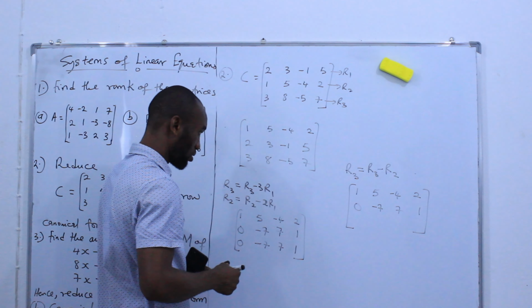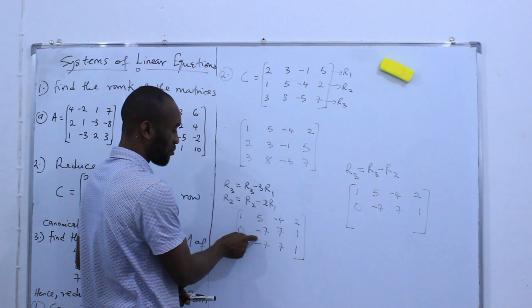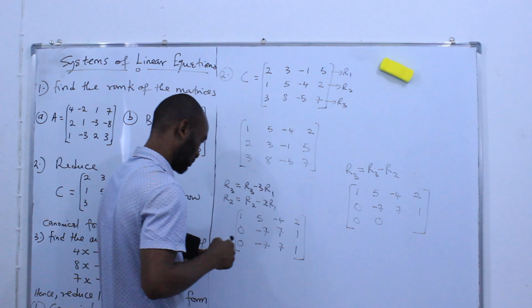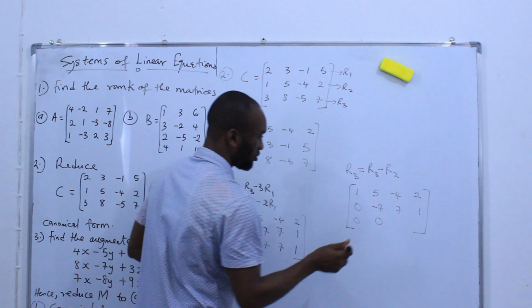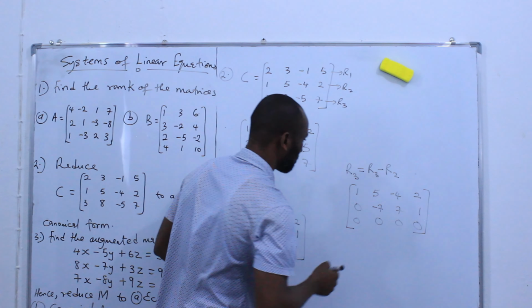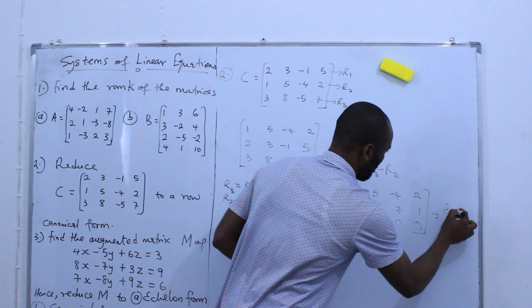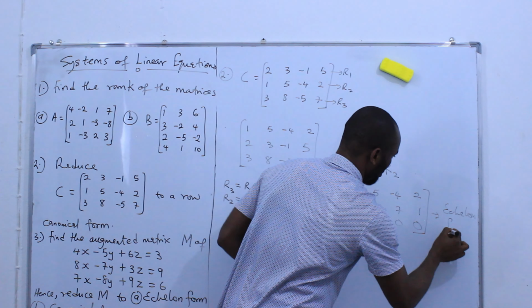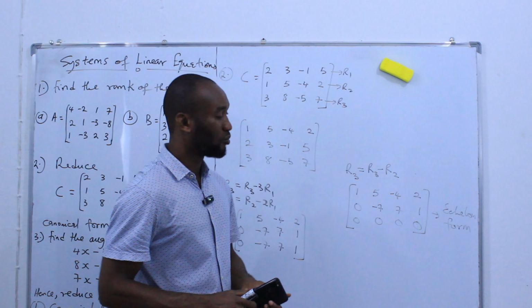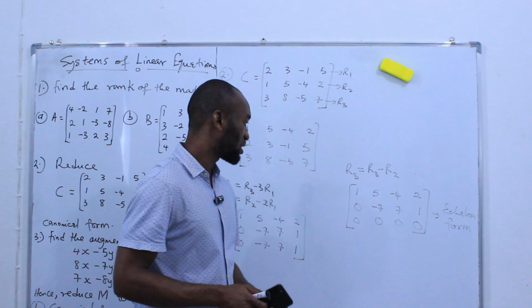Then R3 minus R2. Minus 7 minus minus 7 will give us 0 here. 7 minus 7 will give us 0 here. 1 minus 1 will give us 0. Now, this is the echelon form, where we have the pivots as 1 and minus 7.